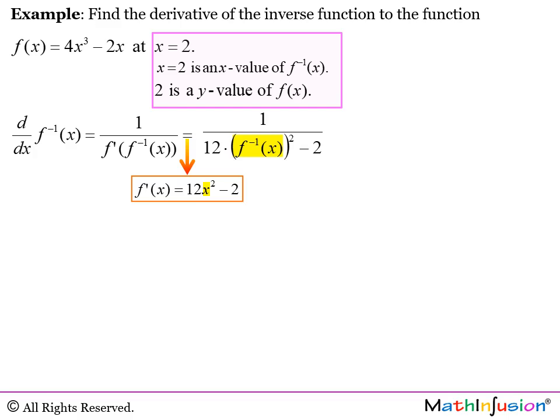We do, and we get 1 over 3 times the inverse function to the power of 2 minus 2. I have no idea what is the inverse function, but I do not care about that because I don't need to find the derivative of the inverse function. I have to find the derivative of the inverse function at x equals 2.